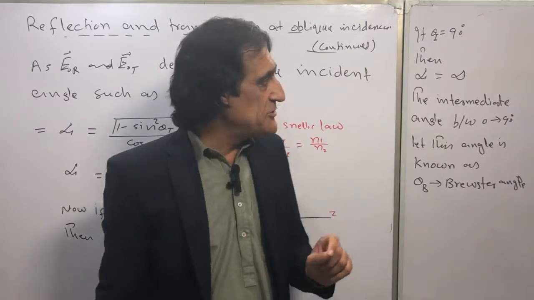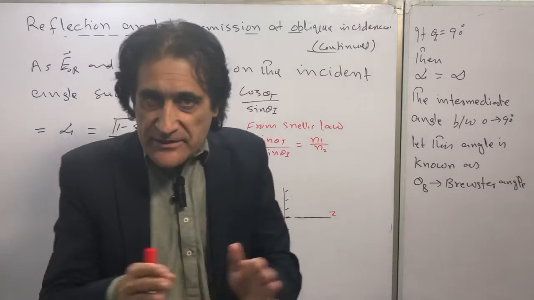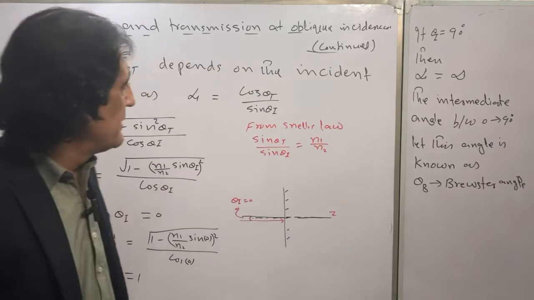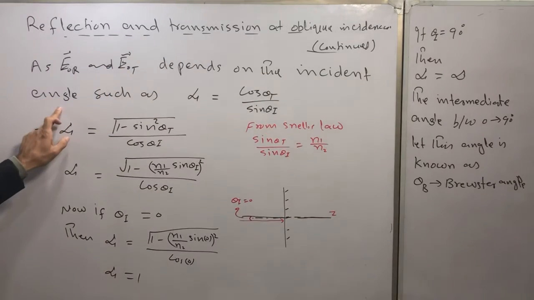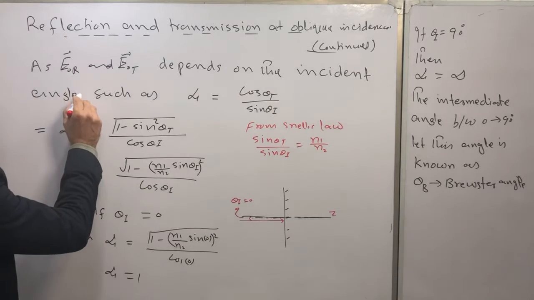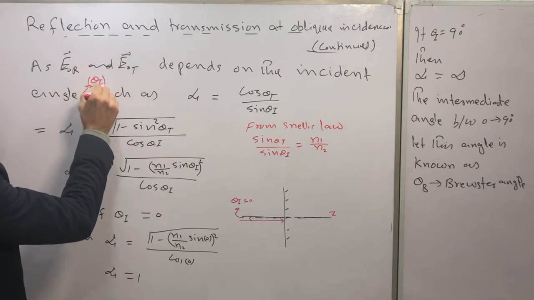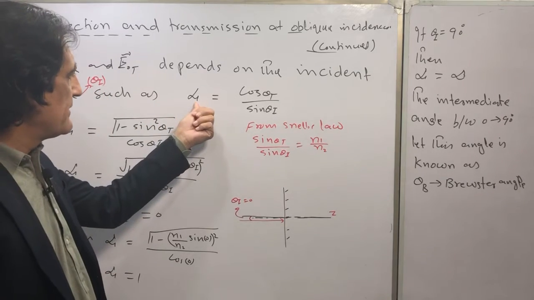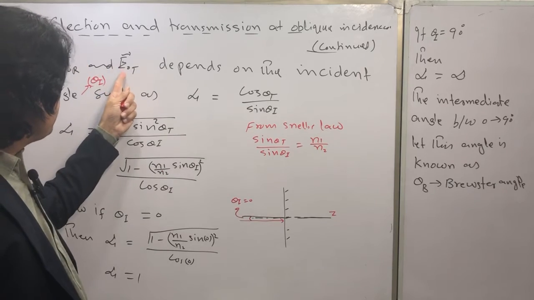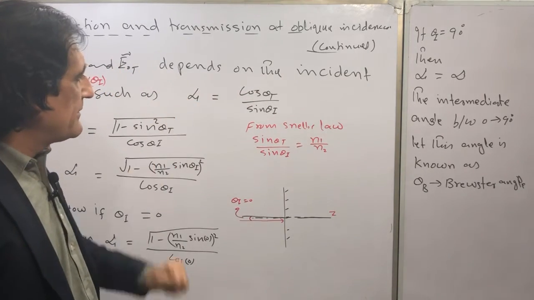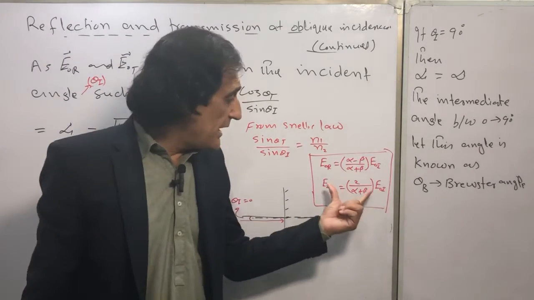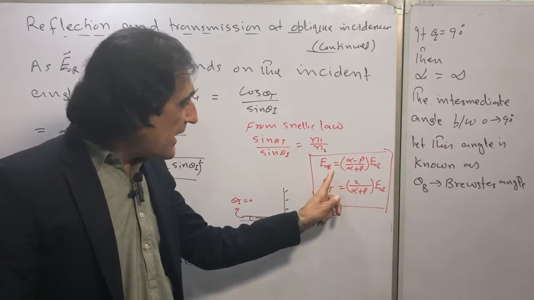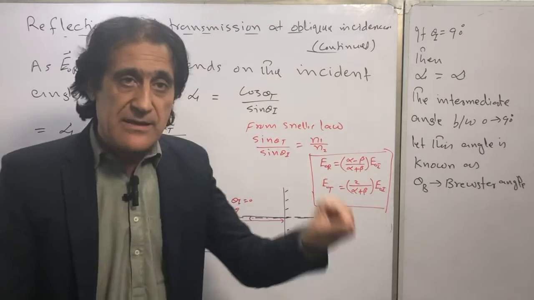The reflection and transmission at oblique incidence. This is a continued lecture, and we know that E naught R and E naught T, which we already discussed, depend upon the incident angle theta I, such as alpha, and beta.